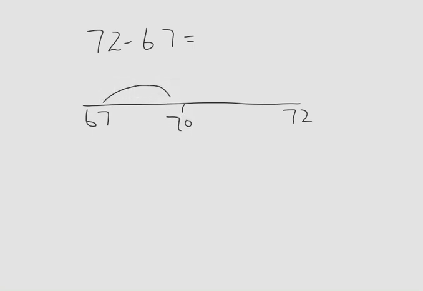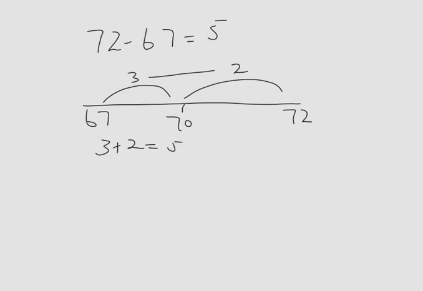Here 67, 68, 69 and 70, the difference is 3. And from 70 to 72, the difference is 2. Add these two: 3 plus 2 is equal to 5. So 72 minus 67, the answer is 5. This is the method which you can use to do subtraction.